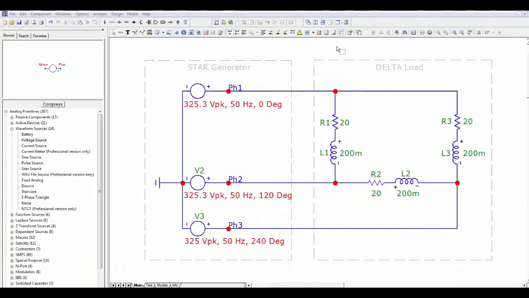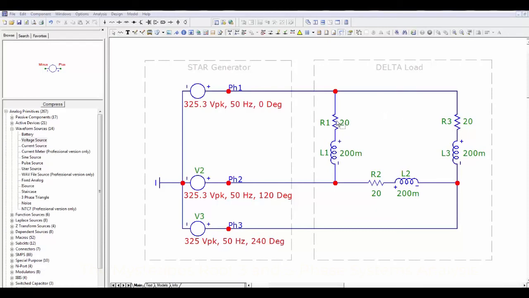Okay, moving on to the Micro-Cap simulator, we have here in the grey dashed box a star generator. We're denoting the peak values for each of the voltages that's necessary for these voltage generators. So 325.3 peak, as you now know, is the same as 230 volts RMS, and we plump for some values over here in the load, all identical as you can see.